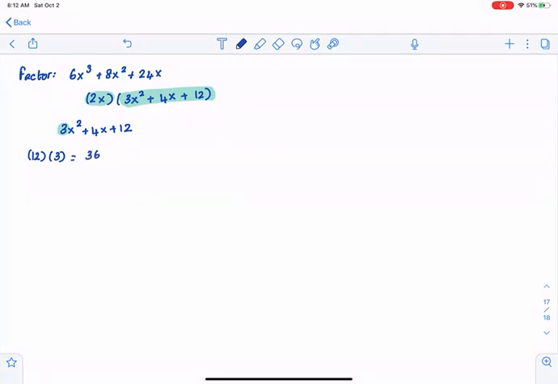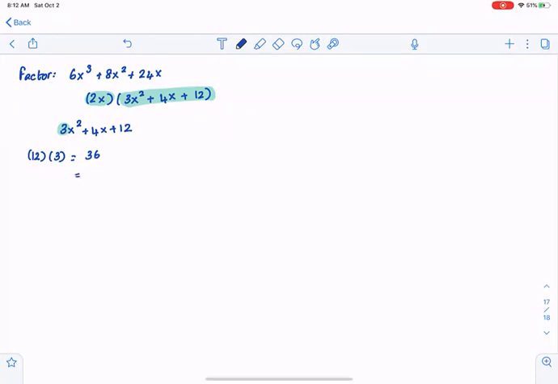Now the process is very similar to what we have done in the past, which is to split and write 36 in terms of factors which would add up to 4.